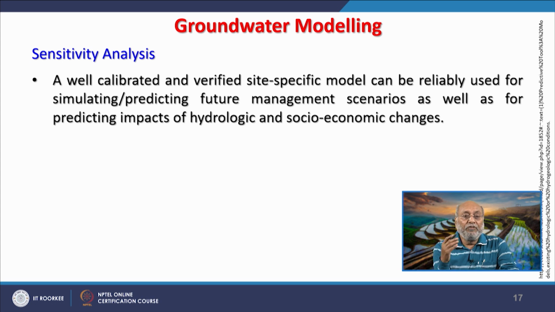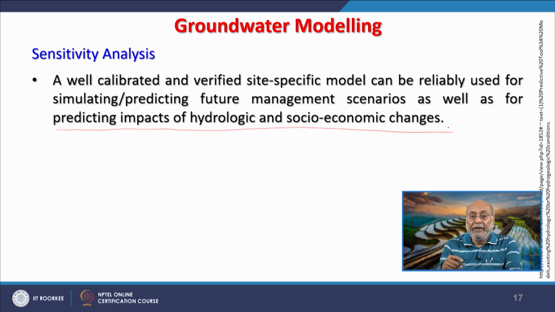So, after a well calibrated and verified site specific model, it can be reliably used for simulating or predicting future management scenarios, and also for predicting the impact of hydrologic and socio-economic changes. In the discussion of pollution in groundwater, these things matter a lot.